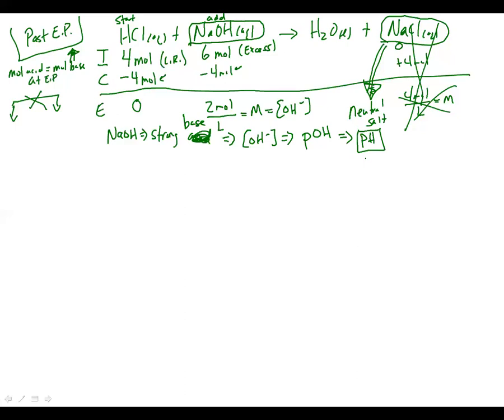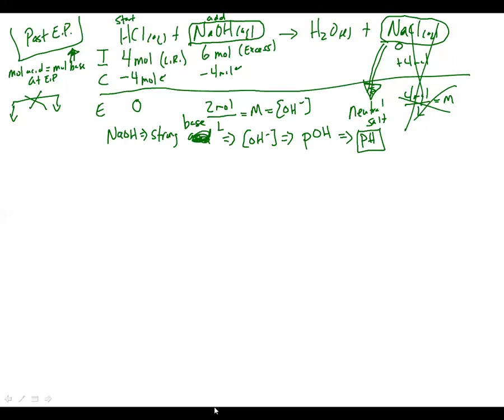So when we go past the equivalence point, you do have to do an ice table. The whole purpose of the ice table is to figure out the concentration of your strong base that you have left over. Again, because essentially you're just dumping in base in this reaction.